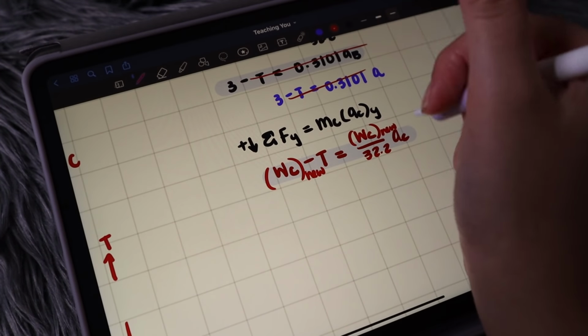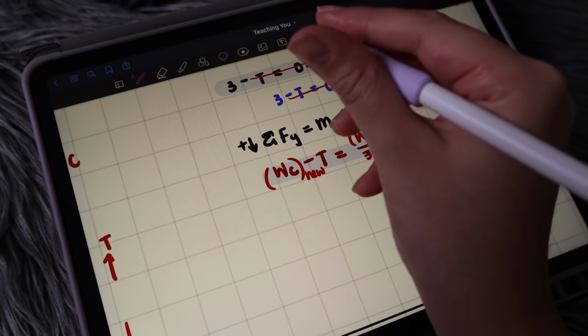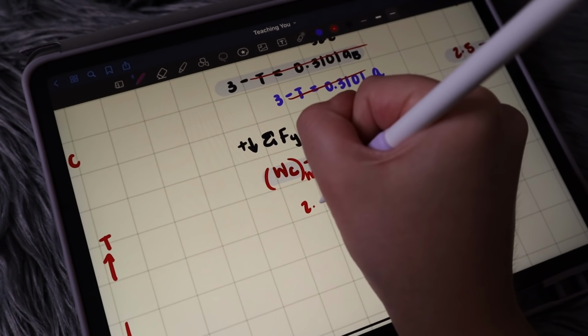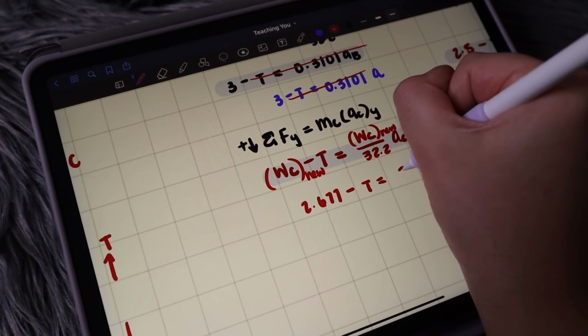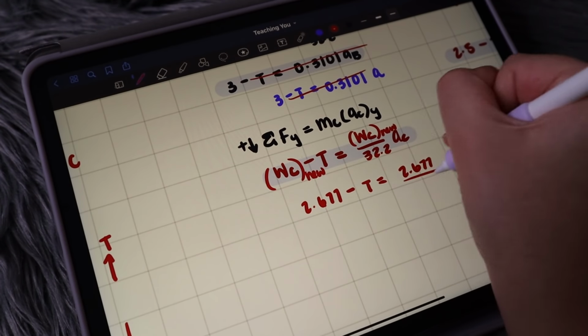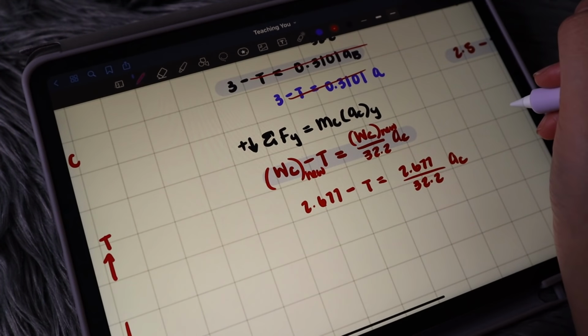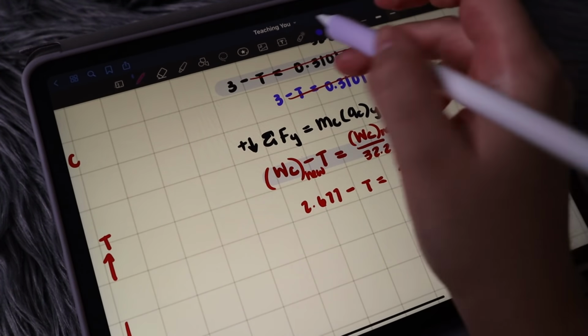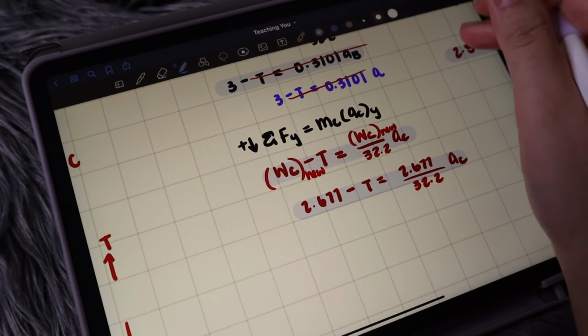So we can go ahead and solve for what we can. So it's 2.677 minus t equals 2.677 over 32.2 times AC. Okay, so yeah, we can't really do much, but it is a step forward.